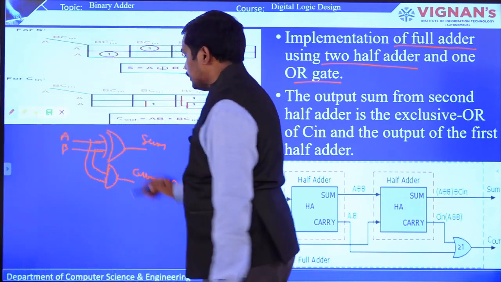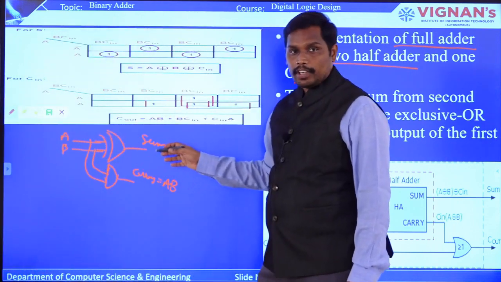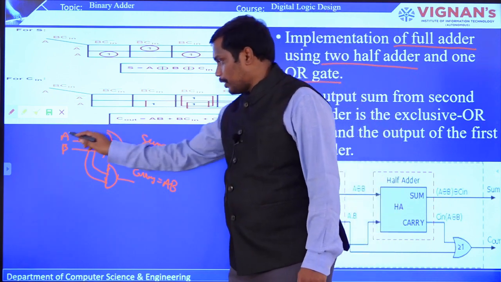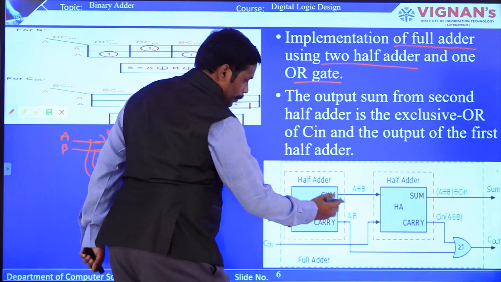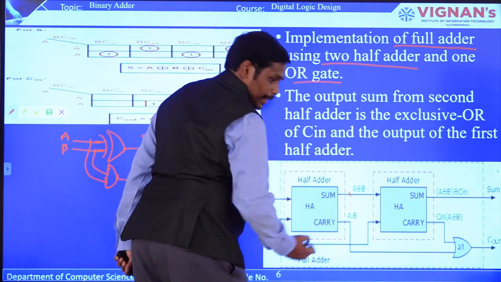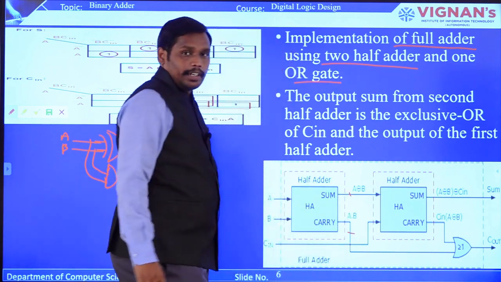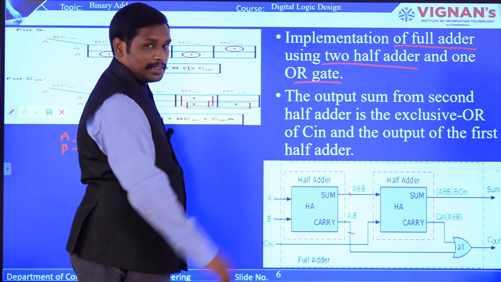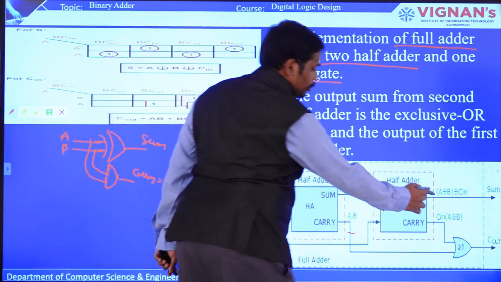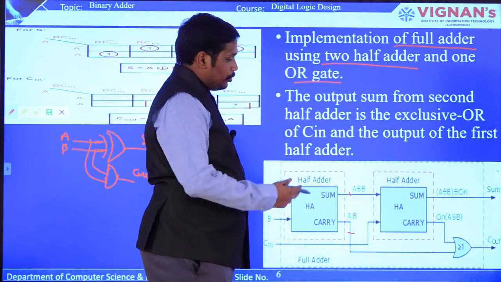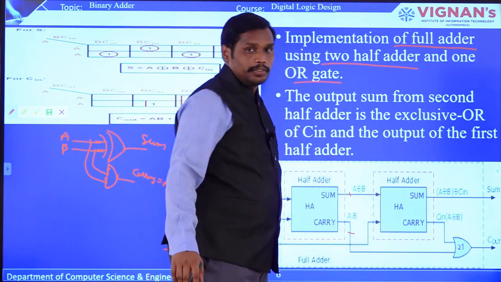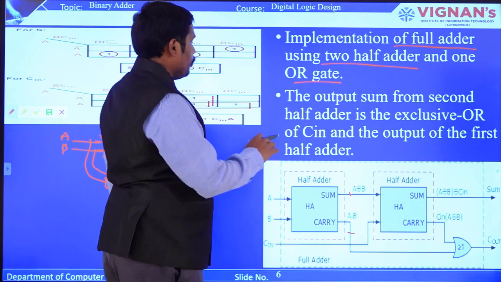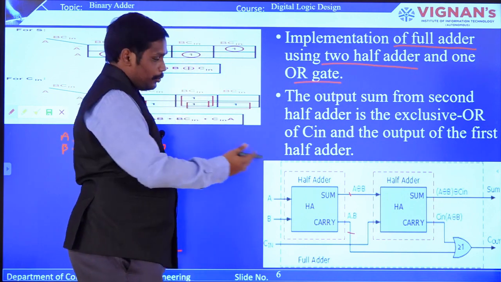So you can see here, this is the general logic circuit for half adder, and this particular half adder is now placed over here. So this particular circuit is going to be placed here, and this is a sum, and this is a carry, right? So this is how you are going to get the final expression, that is sum is equal to A exclusive OR B exclusive OR C in, and then C out is equal to C in AND (A exclusive OR B). So now you understood how to represent a full adder with two half adders.